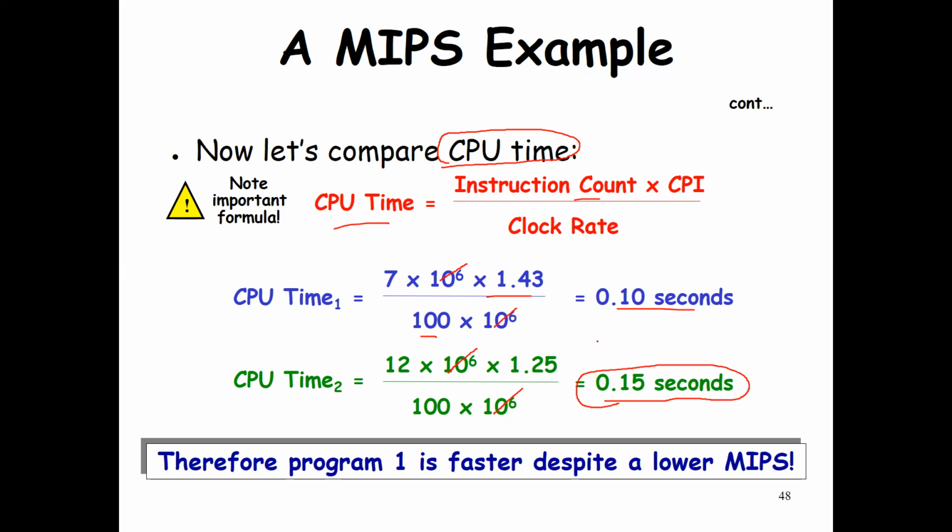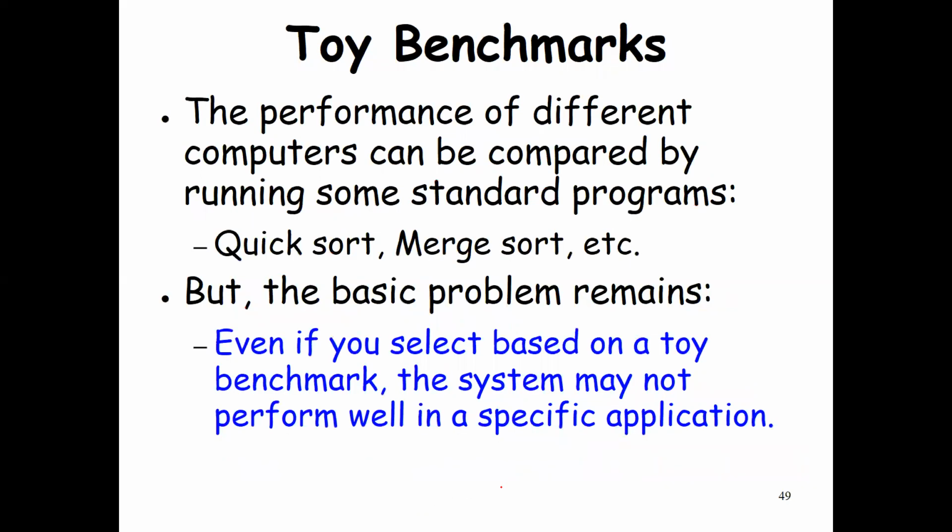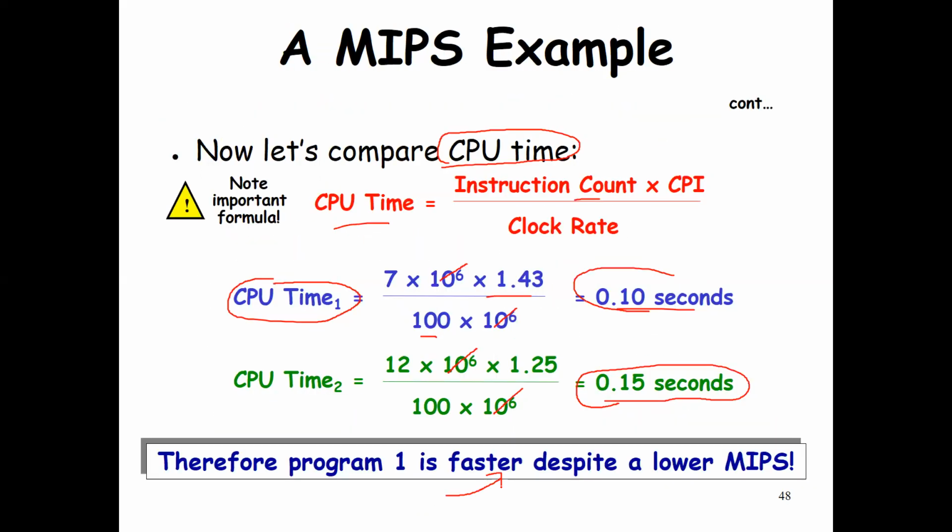So the first program can be executed in 0.10 seconds, whereas the second program needs 0.15 seconds, which means the first program is faster than the second, despite the lower MIPS. So MIPS is also not an effective method to measure performance.